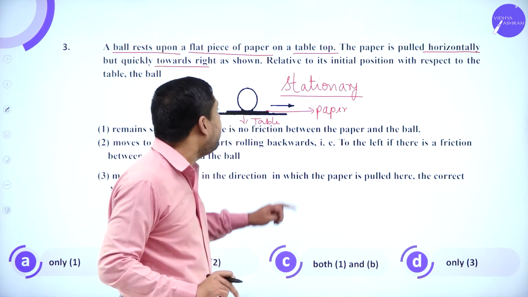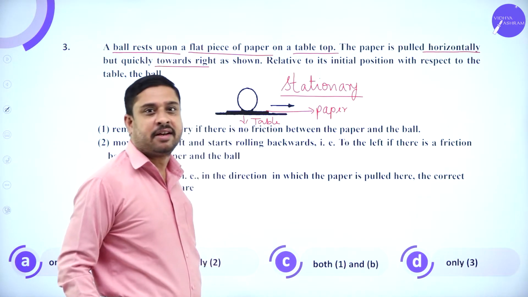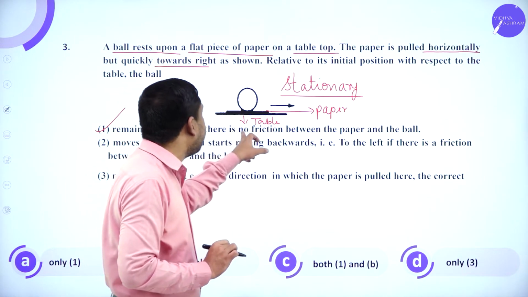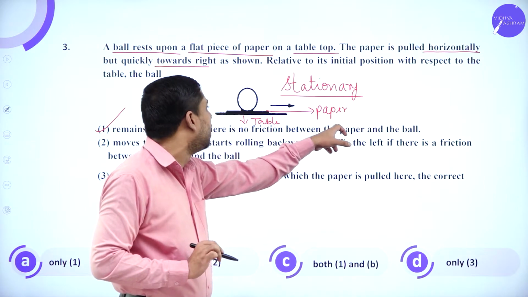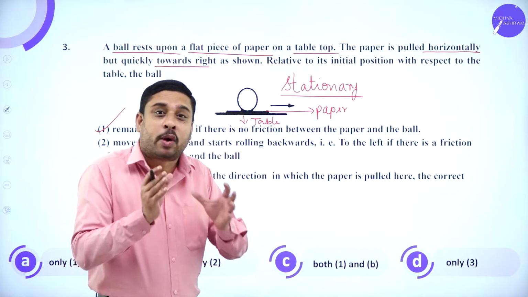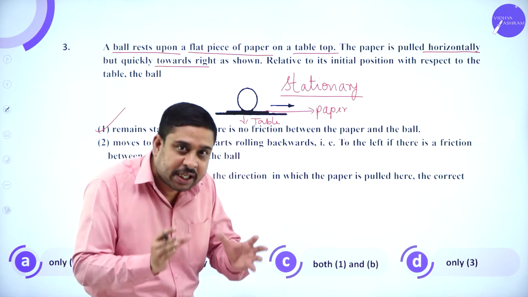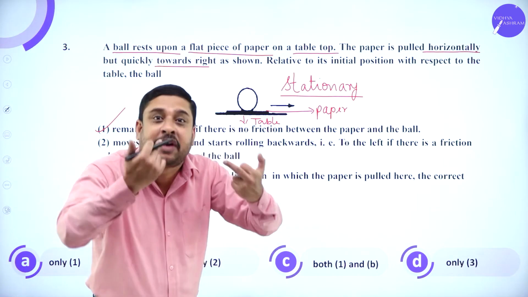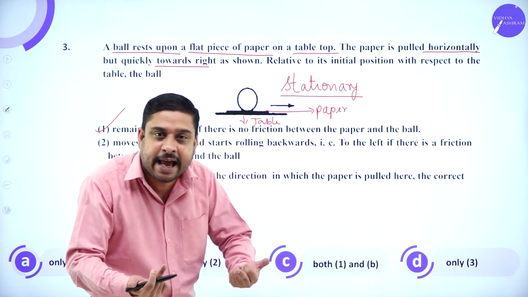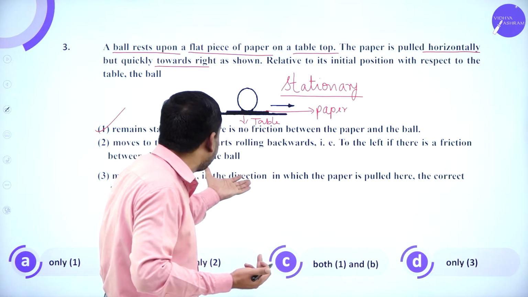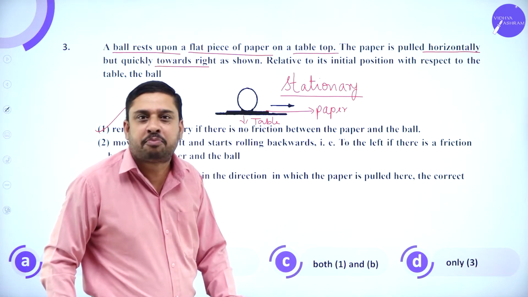Only when I assume the absence of friction. So, it remains stationary if there is no friction between the paper and the ball. If they had mentioned friction and talked about rolling friction, based on that condition I would have assessed the next two options.